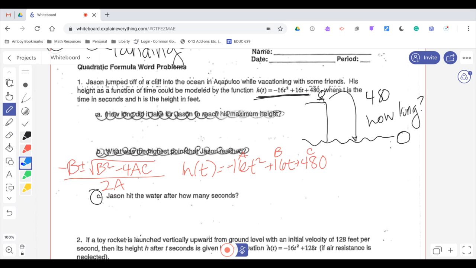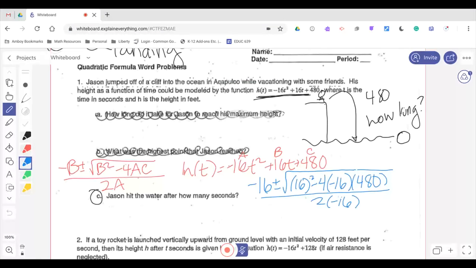So I'm going to have negative B, oh my gosh, not B, negative 16 plus or minus the square root of B squared, so 16 squared minus 4 times A times C, and that whole thing over 2 times A.